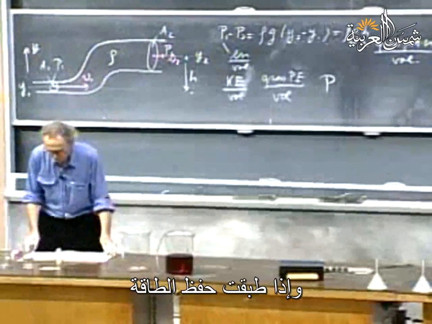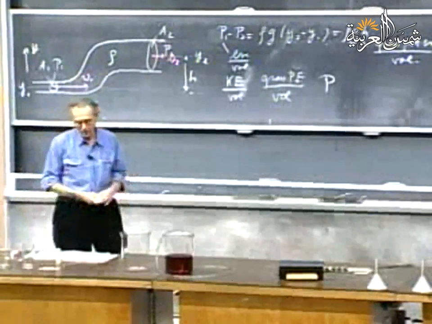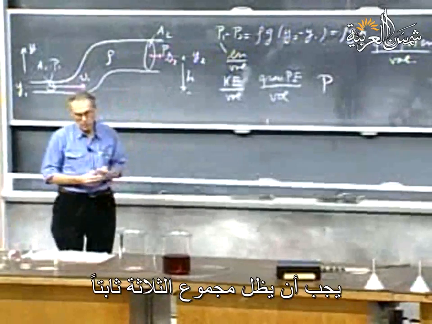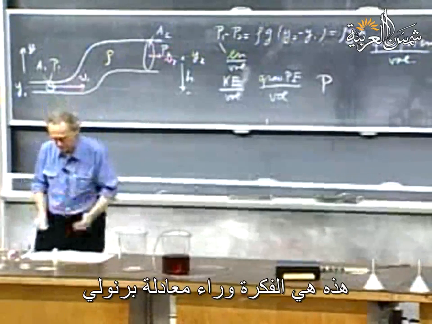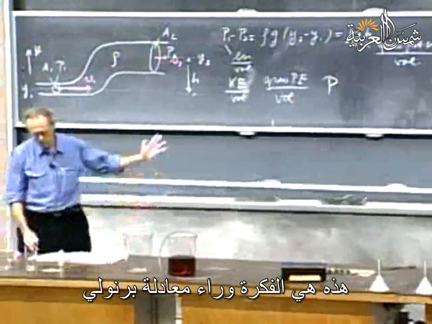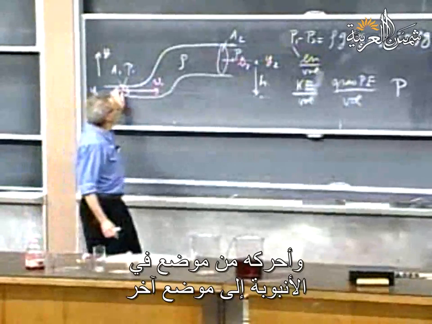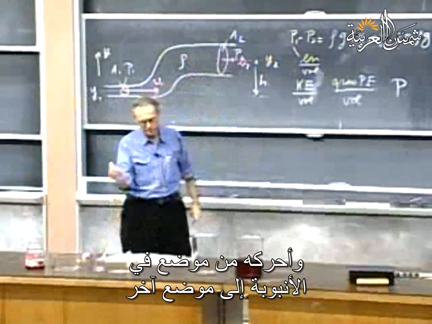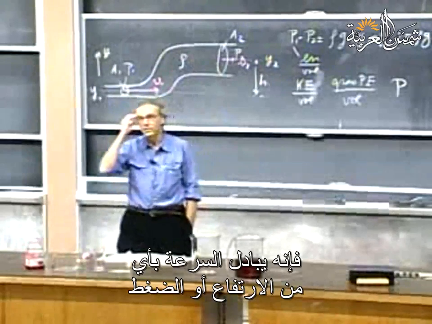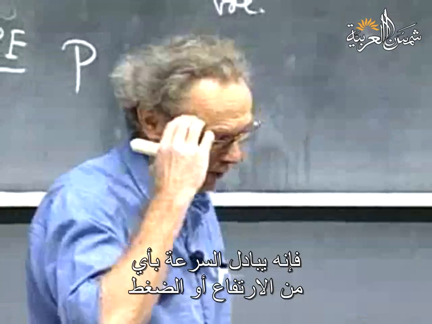If I apply the conservation of energy, the sum of these three should remain constant. That's the idea behind Bernoulli's law, Bernoulli's equation. When I take a fluid element and move it from one position in the tube to another position, it trades speed for either height or for pressure.